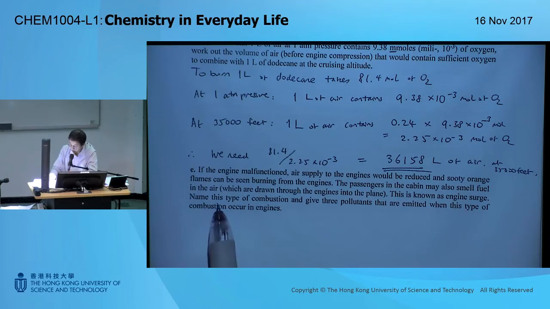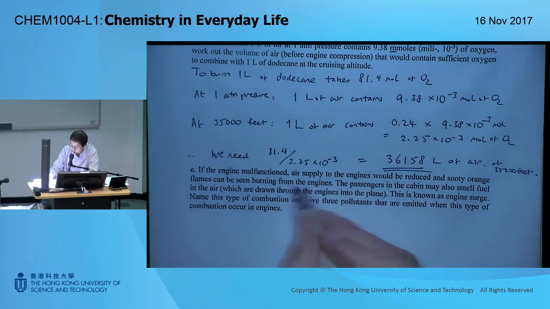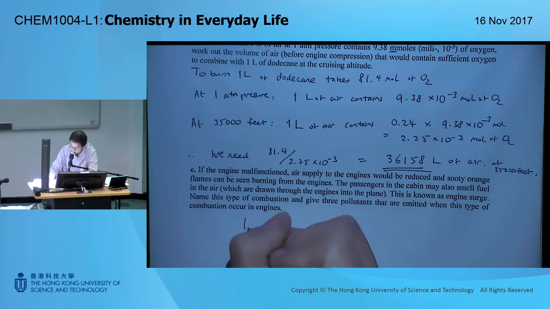So you have to name the type of combustion that explains why we see these sooty orange flames, and give 3 pollutants that are emitted when this type of combustion occurs. Of course, this is when air supply is limited, so there's not enough air there. So this is incomplete combustion.